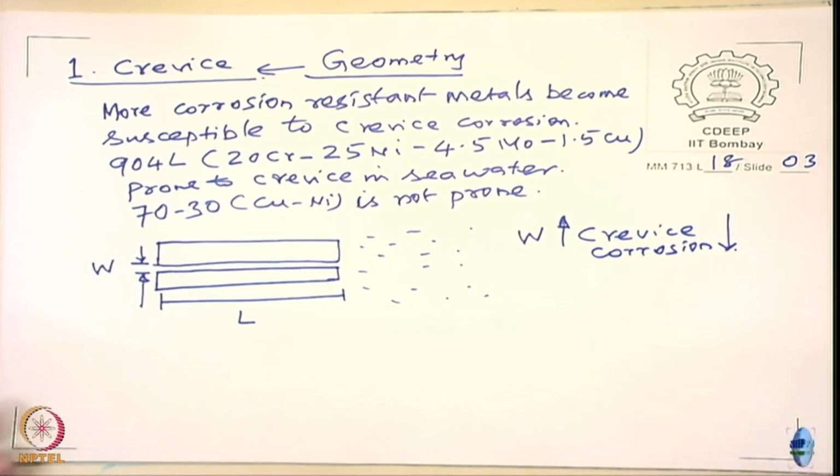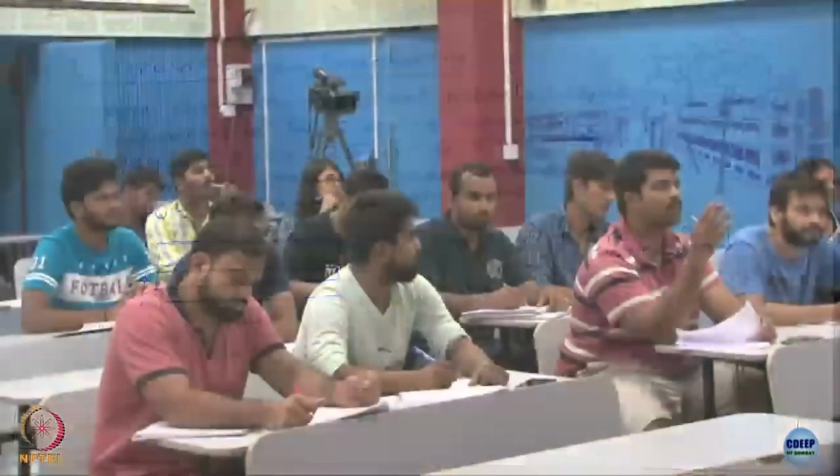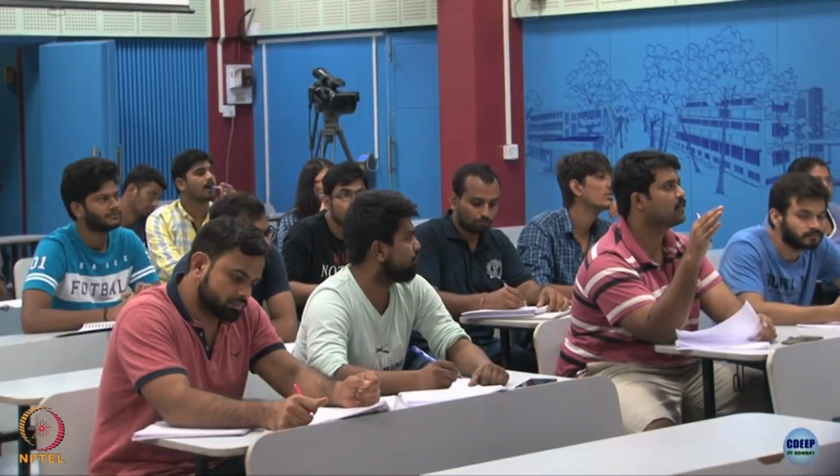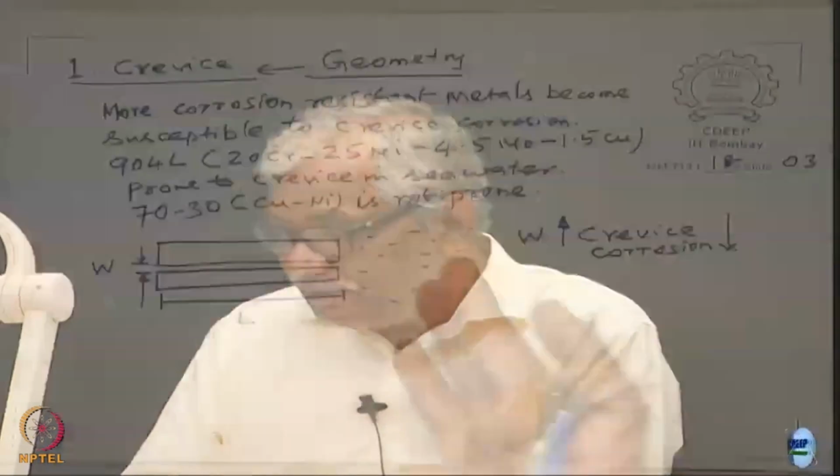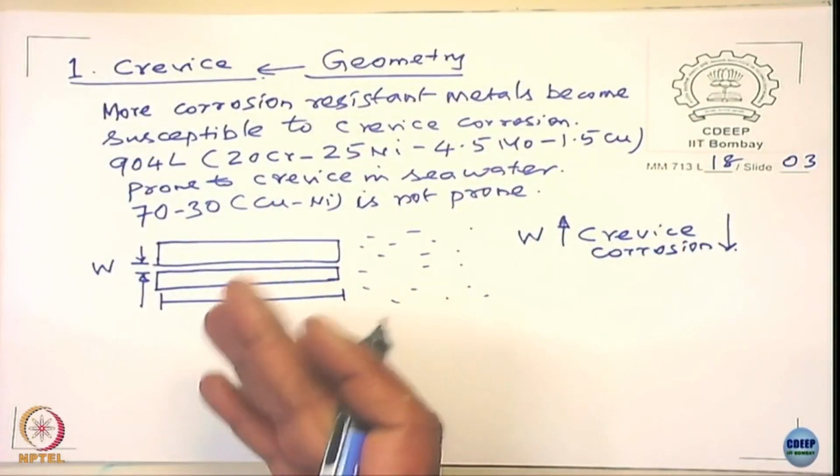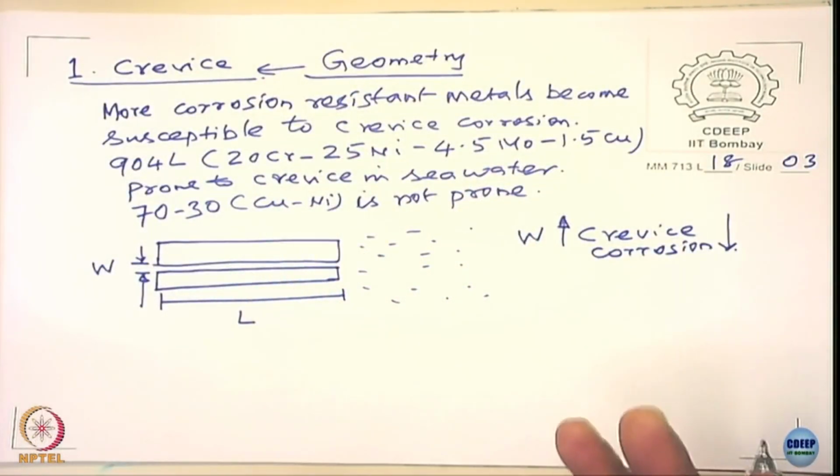Why does it happen? Yeah, the stagnancy is reduced. In other words, there can be more convection. Because of that the oxygen concentration within the crevice would increase if the width of the crevice is increasing. This is an irony of that.